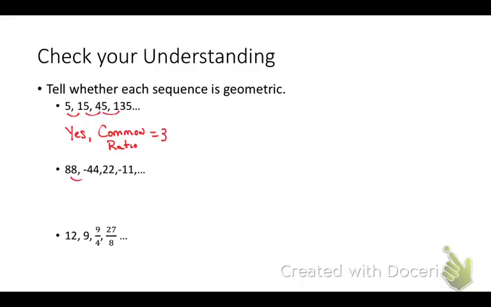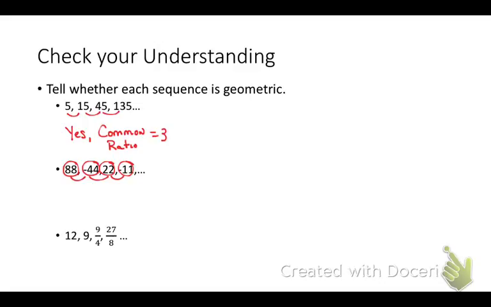What about the second one? It's going down, so what do you know about your number? What's your ratio going to have to be? Less than 1, right?